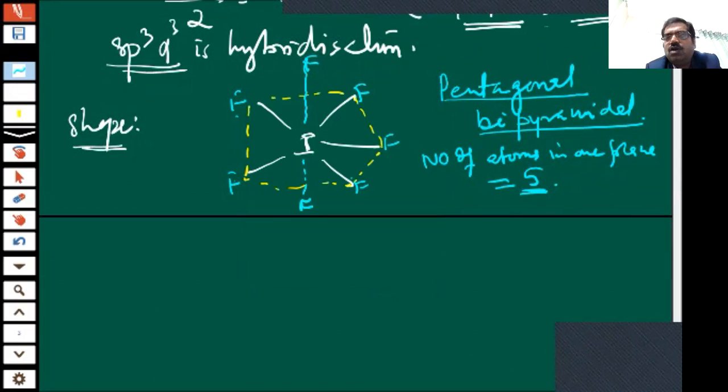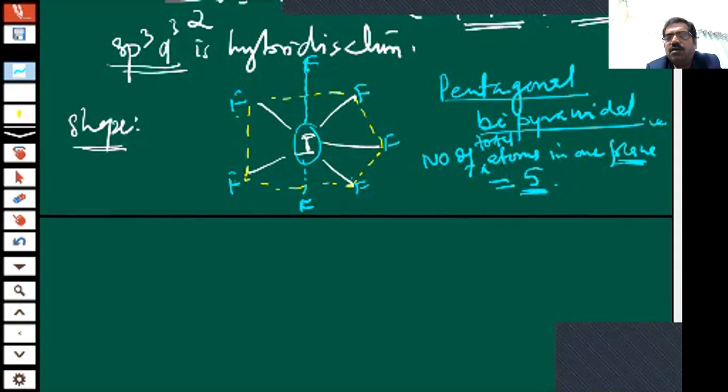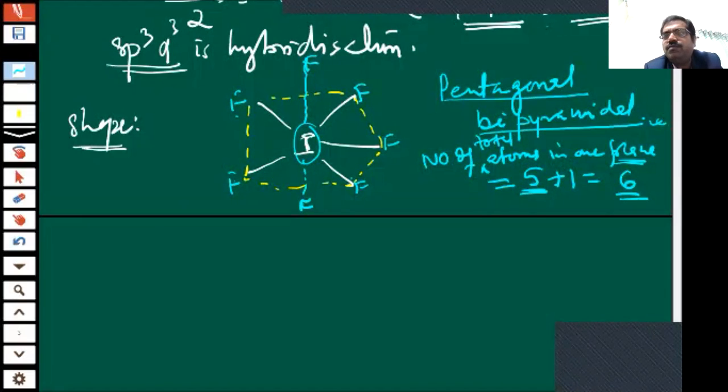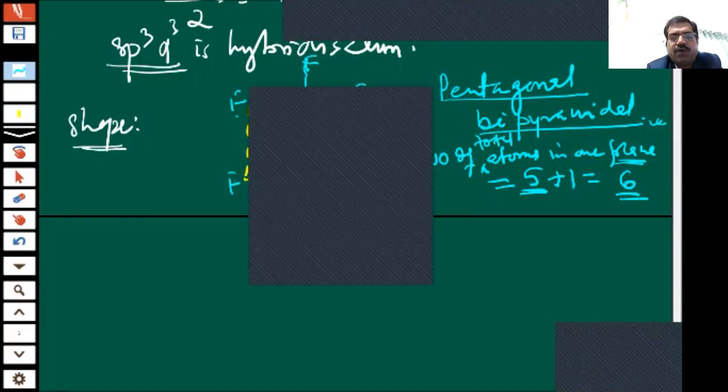For the number of atoms in one plane, if they ask about surrounding atoms, then we can say 5. And the total number of atoms in one plane, five fluorines plus 1 iodine, all together becomes 6. Now is it okay, children?